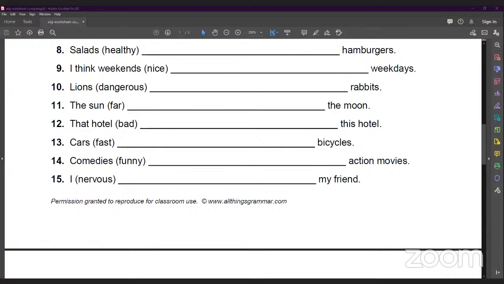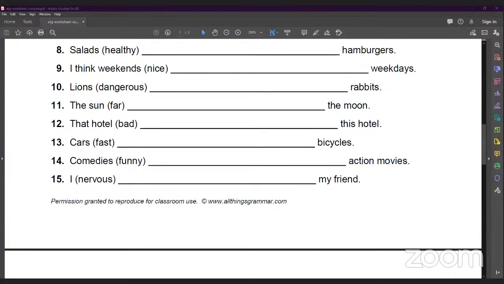Thank you, Ms. Leon. 8 and 9. Salad is healthier than hamburger. I think weekend is nicer than weekdays. Yes, that's it. It's pretty easy, right? As I said at the beginning of the class, today's topic is going to be pretty easy. It's just about adjectives. Well, let's continue.